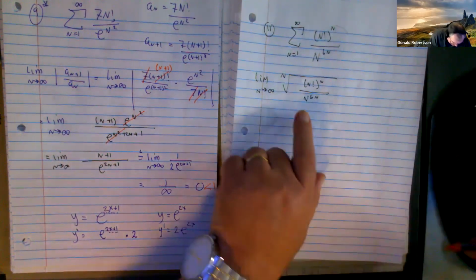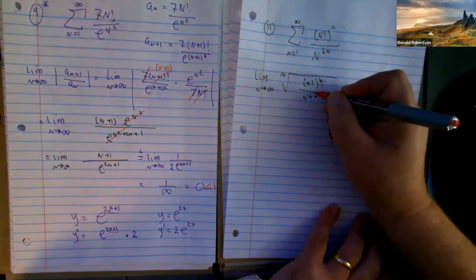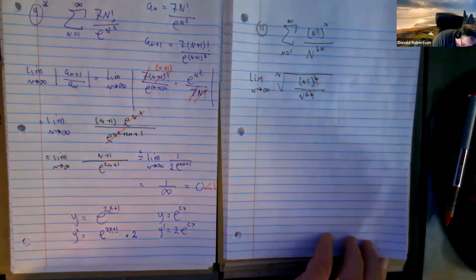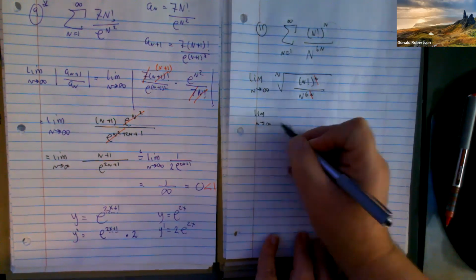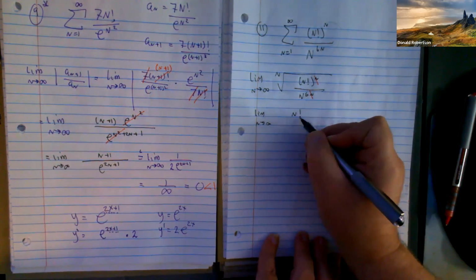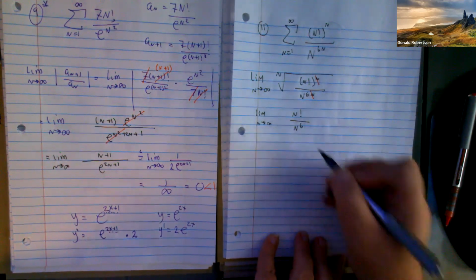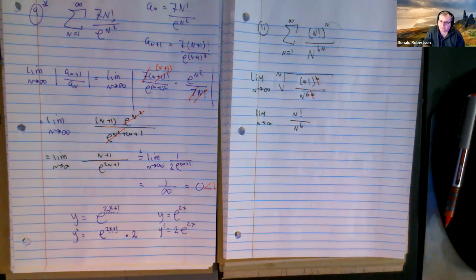Now, when you take the nth root, you basically kill that guy there and that guy there. So we now have what's left. And what's left is n factorial over n to the 6.